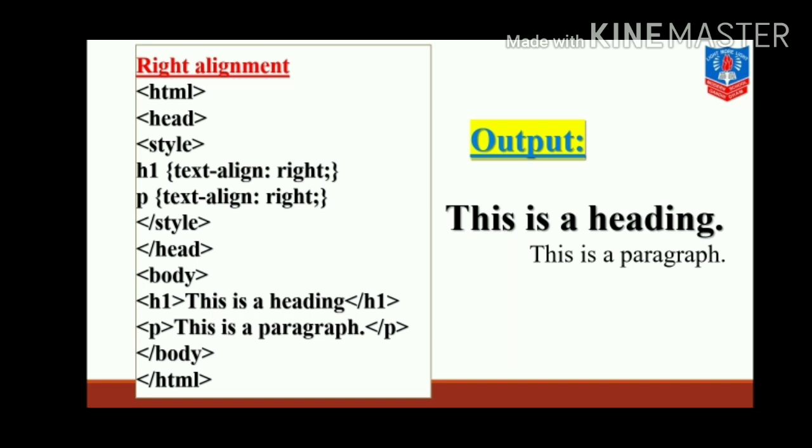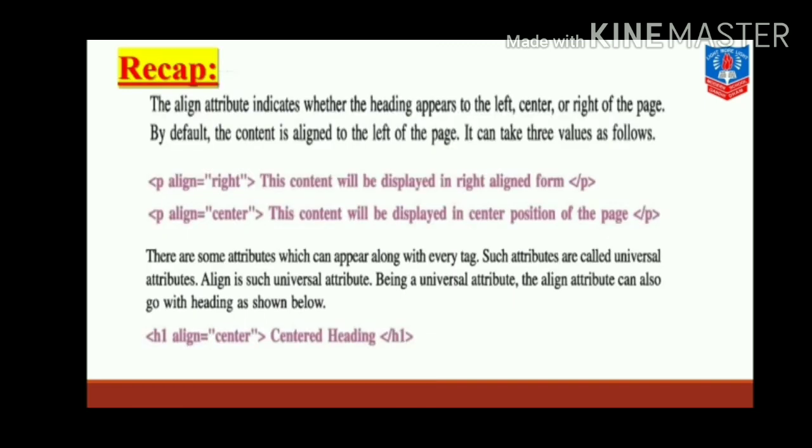Understood, children? Now let's have a recap of this alignment. The align attribute indicates whether the heading appears to the left, center or right of the page. By default, the content is aligned to the left of the page. It can take three values.